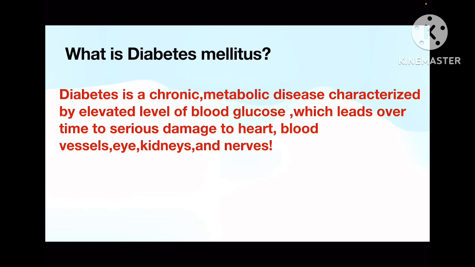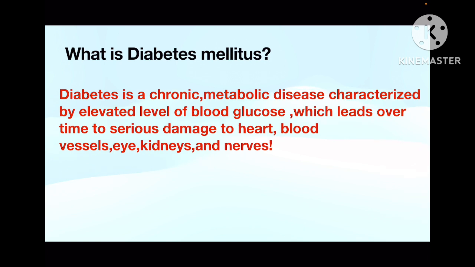You can see from here, when your glucose in the blood is not at an optimal level and stays that way for a long time, it can damage your vital organs like the heart and kidney, nervous system, and the blood vessels. So with time you will have lots of complications due to diabetes mellitus. So it is very important to control your blood sugar and keep it at the optimal level, right?